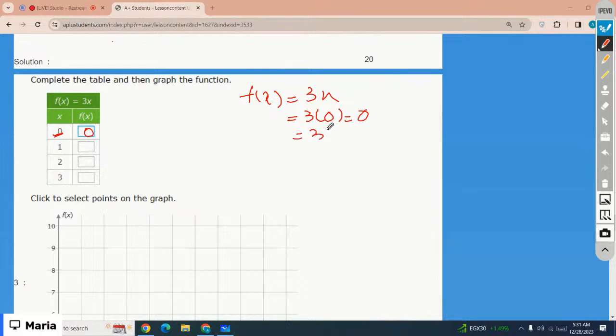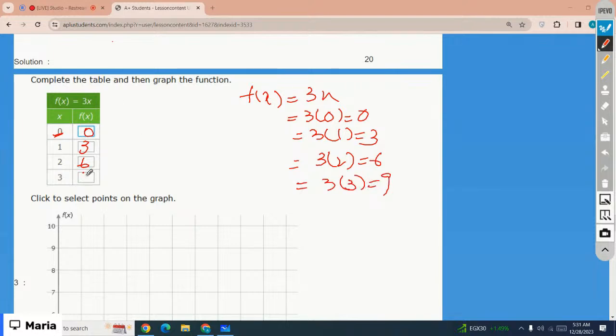When x is 1, 3 times 1 is 3. When x is 2, 3 times 2 is 6. That means when x is 2, f of x is 6. When x is 3, that is 3 times 3, which is 9.